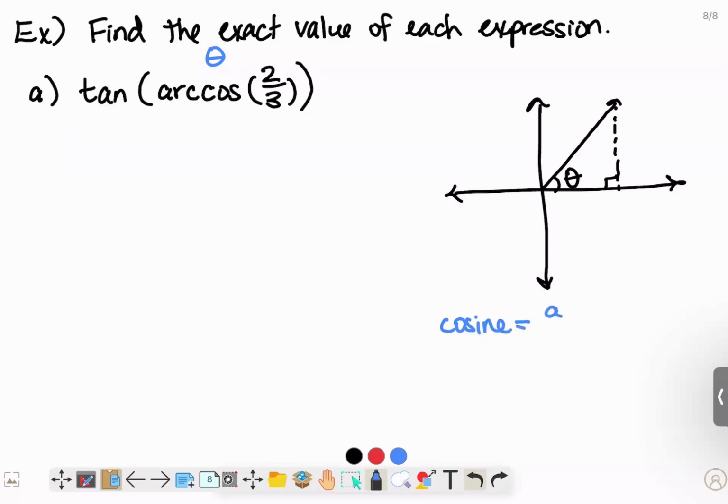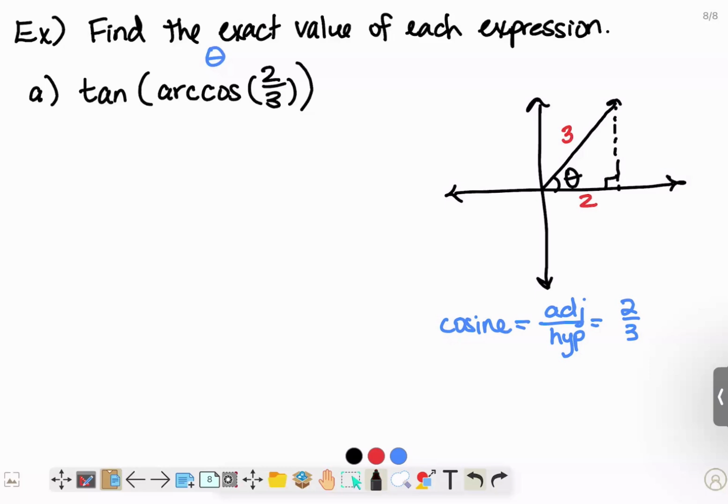Cosine is adjacent over hypotenuse. So in this problem, that's 2/3. So let me label those on my triangle in relation to this theta. This would be the adjacent side down here. Hypotenuse is the long side opposite the right angle, so that's 3.